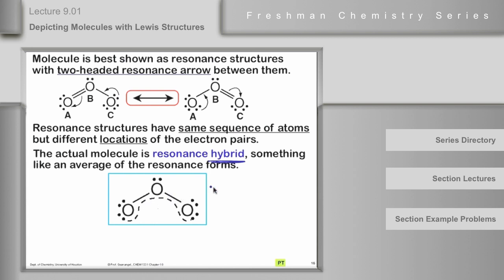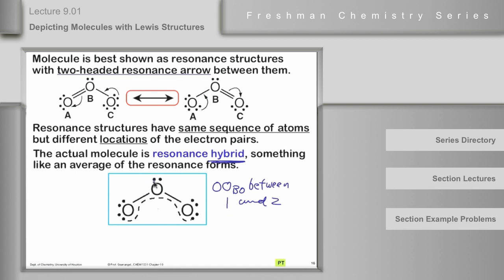So this says the oxygen-oxygen bond order is between 1 and 2. And we could see that more easily up here, actually. There is a single bond, bond order 1, and a double bond, bond order 2. So if you average these two, like we said for the hybrid, it's going to come out 1.5.